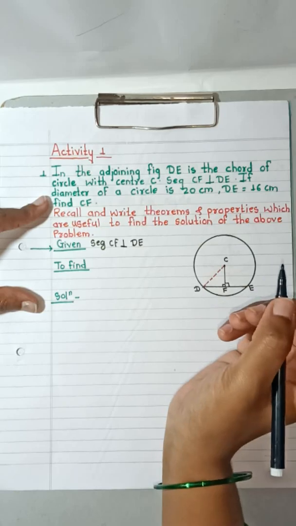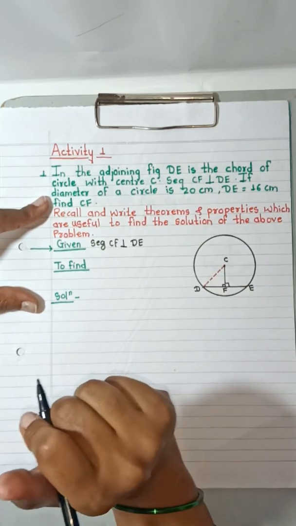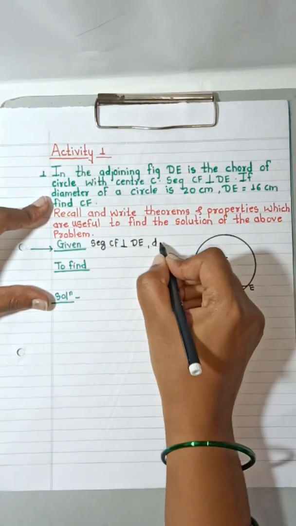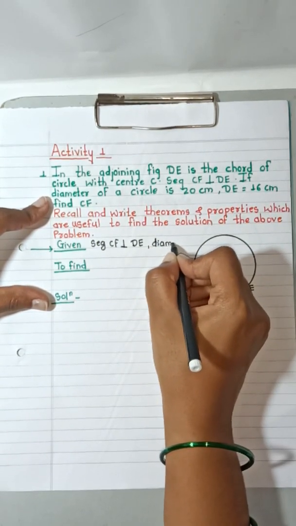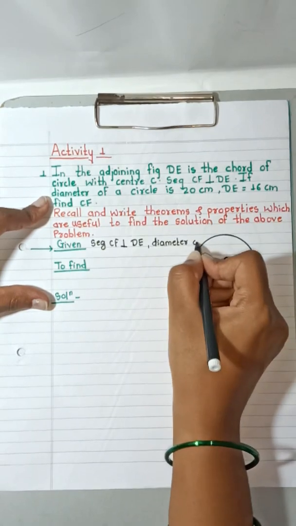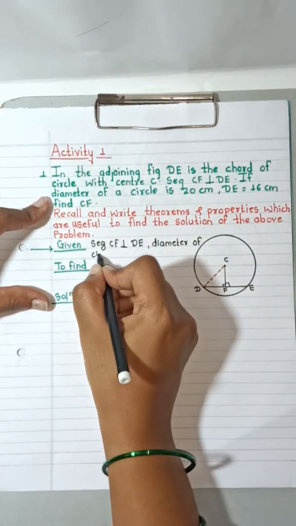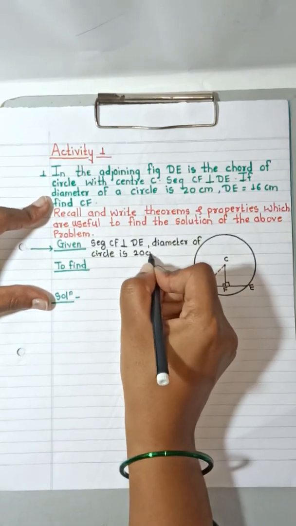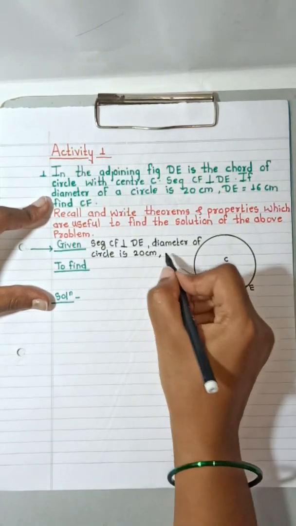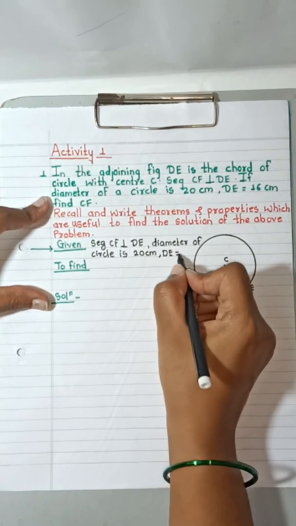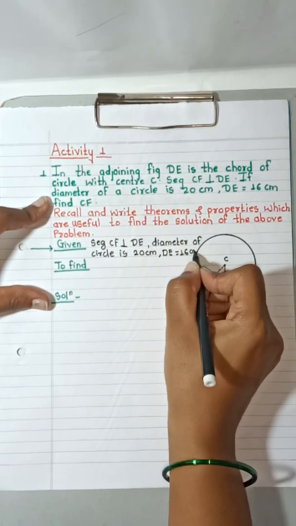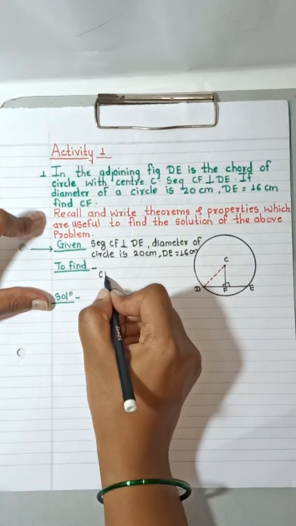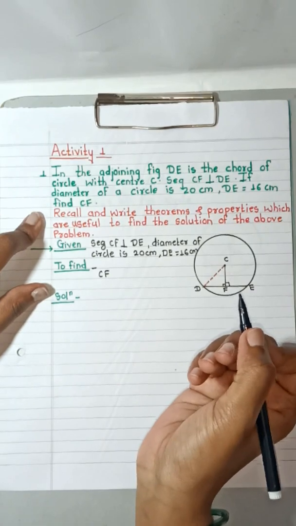Then they have given that the diameter of the circle is 20 centimeters, and they have also given DE is equal to 16 centimeters. Okay children, what we have to find? We have to find CF.